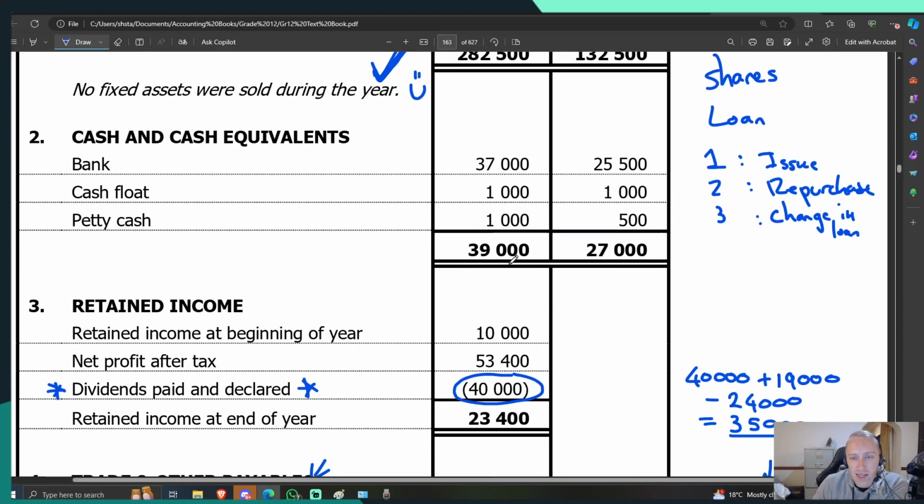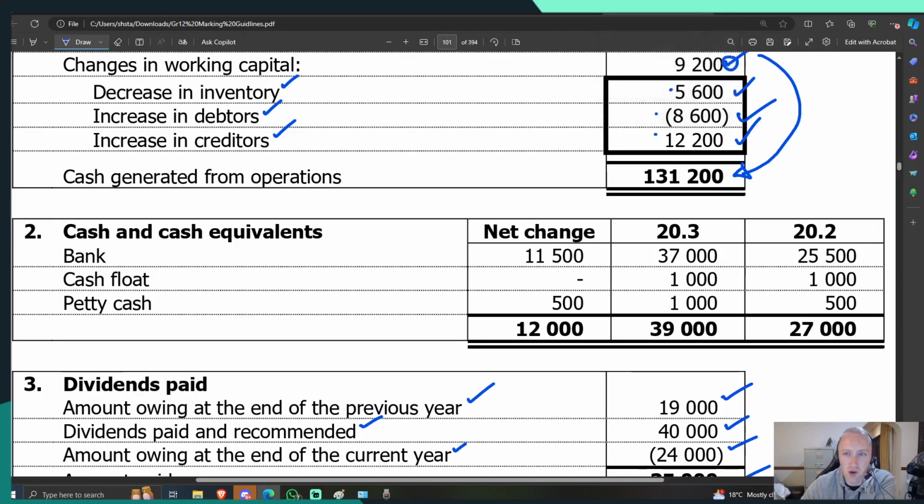We had an increase in bank of this amount, no change at all in our cash float, and an increase in our petty cash. Let's look at how we would put that in our cash and cash equivalents note to the cash flow statement. There is our increase in bank, and we write the figure under net change. No change in cash float, so there's nothing written here under net change. An increase in petty cash, there is the net change.